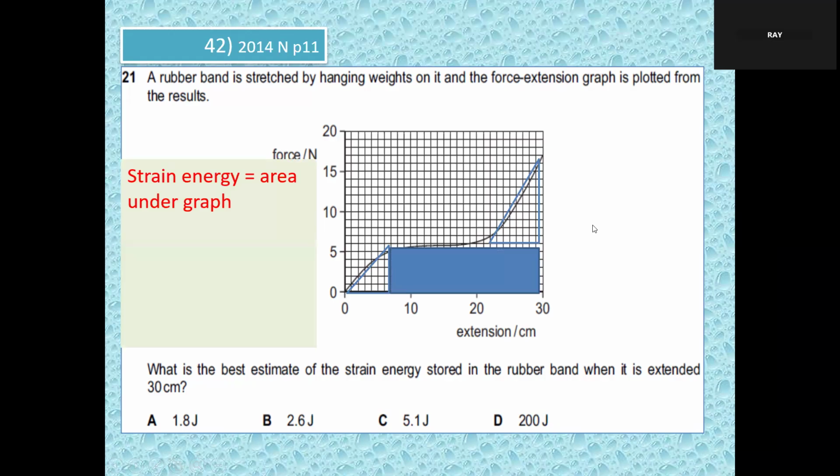The strain energy is the area under the graph. Area of this triangle, area of this triangle, plus area of this rectangle. You have to roughly know the answer, so don't overestimate too much.